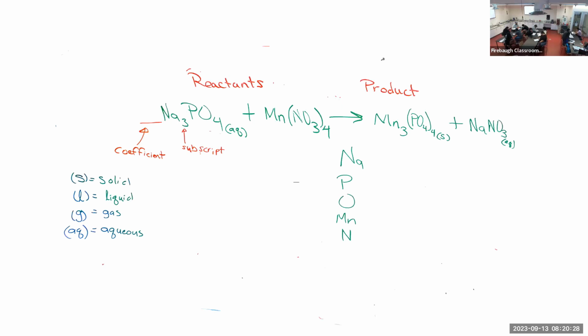Okay, so then how many sodiums do we have? You were telling me earlier. 3. How many phosphorus? 1. How many oxygens? And we're going to multiply 4 times, because you're saying that subscript that's outside of that is multiplying the entire thing.